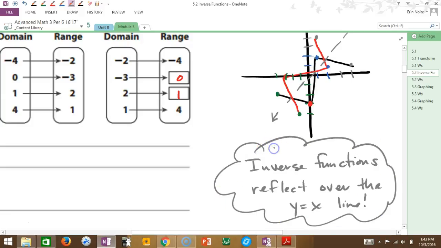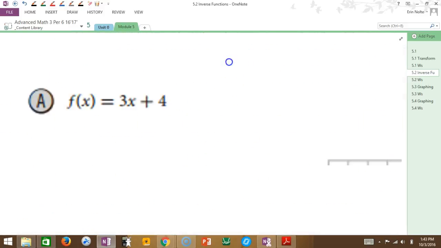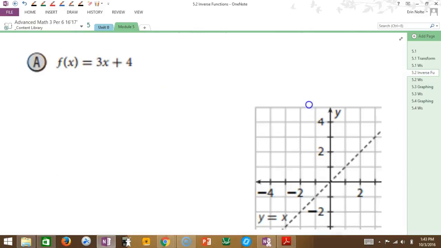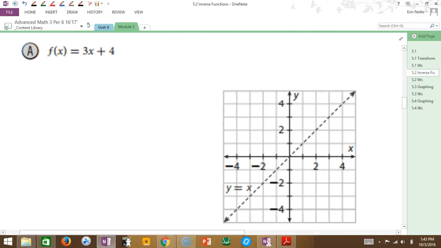Okay. So, let's make it a little bit more complicated. Let's say I have this function, which is what kind of a function, by the way? Linear. 3x plus 4. So let's say I'm going to take this and I'm going to graph it. So how do I graph 3x plus 4?